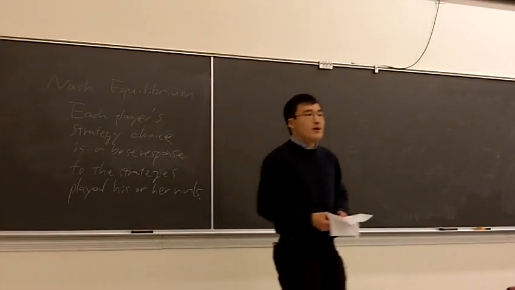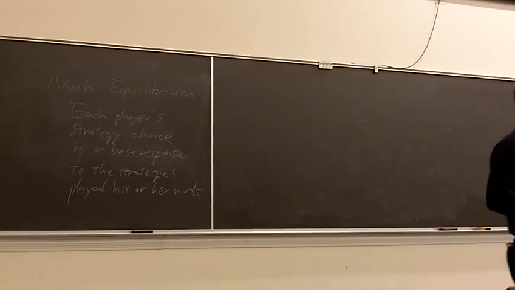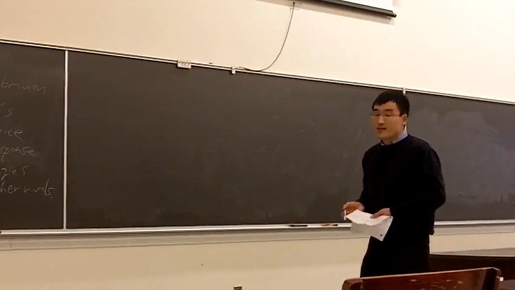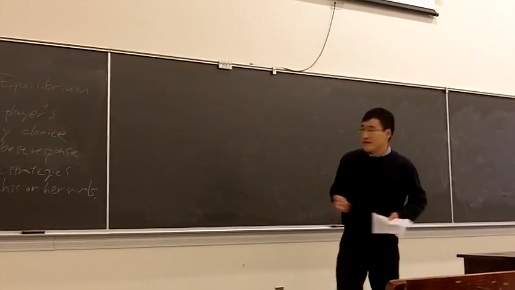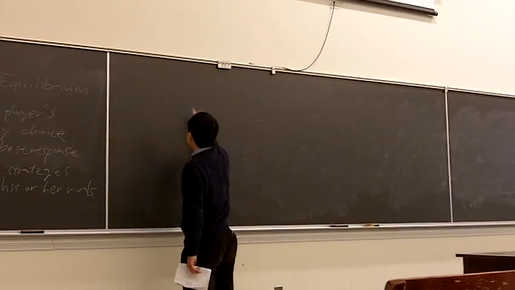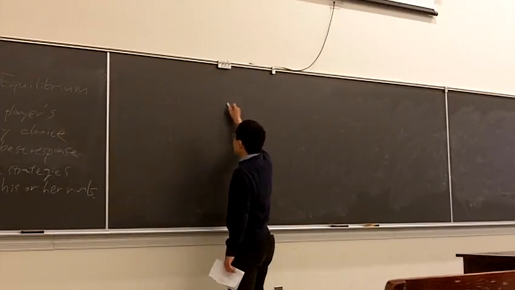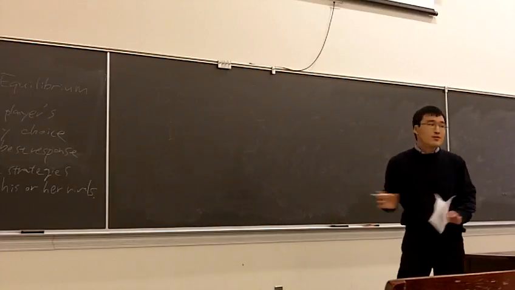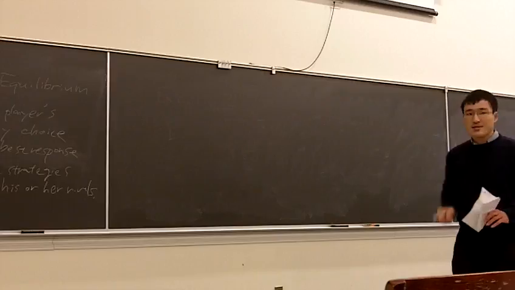And last time we went through a few examples on this topic, and let's review example 2, which we covered in the last lesson. If you remember, in example 2, we have two players. This is a case of 2 by 2, two players and two strategies.